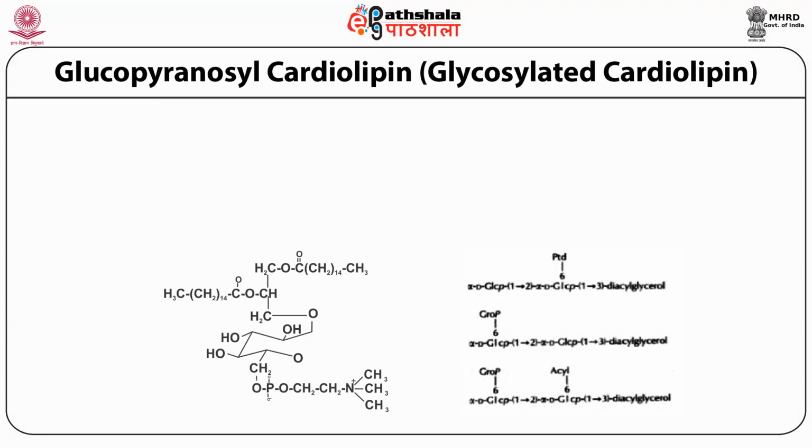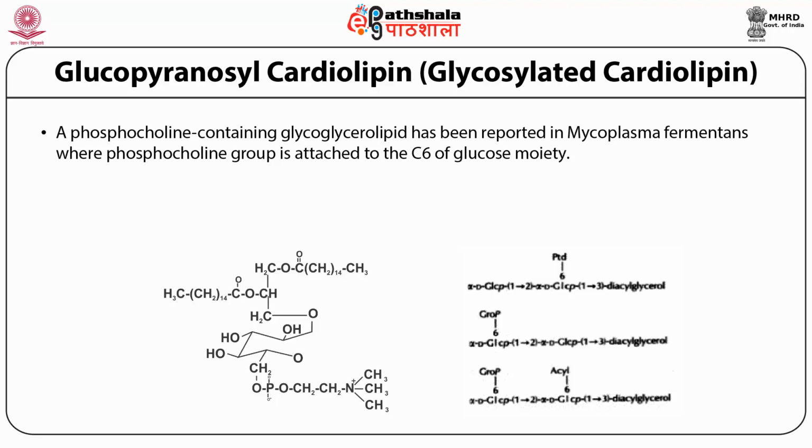Another subtype of glycolipids, the glycosylated cardiolipin or glucopyranosyl cardiolipin, has been reported from Mycoplasma fermentans, and this is a phosphocholine containing glycoglycerolipid where the phosphocholine group is attached to the carbon 6 of the glucose moiety.